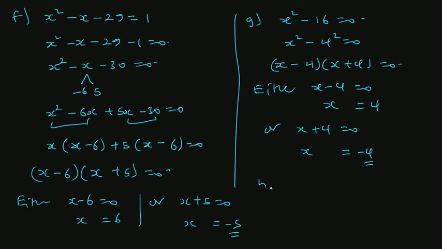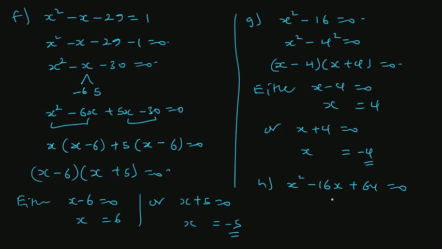Let's look at h. If you have x squared minus 16x plus 64 equals 0. What are the factors here?